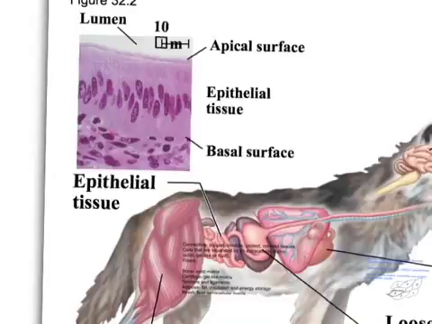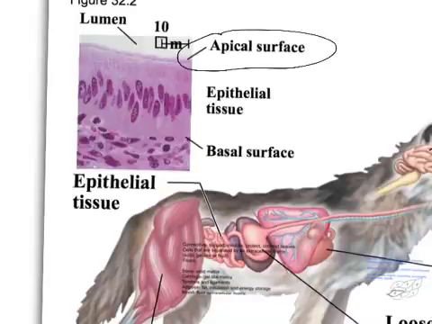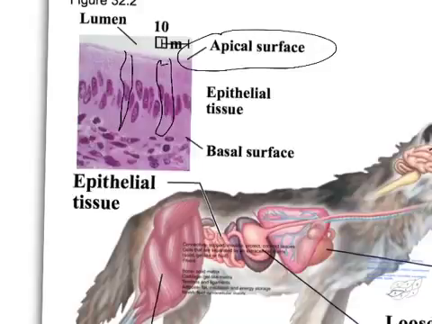They also have what's called polarity. One end is different than the other end. Looking at this cell, these cells have one surface that is attached to underlying tissue, and then another free or apical surface.